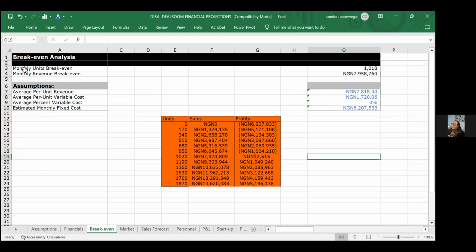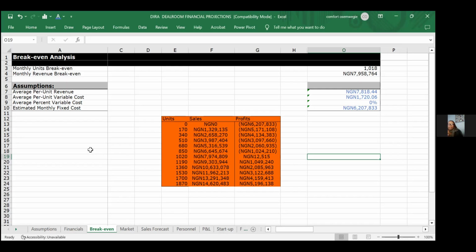So you find that under number 3 and 4. These assumptions are based on the fact that there's the average per unit revenue you make, and there's average per unit variable cost, average per unit percentage variable cost, and then estimated monthly fixed cost.